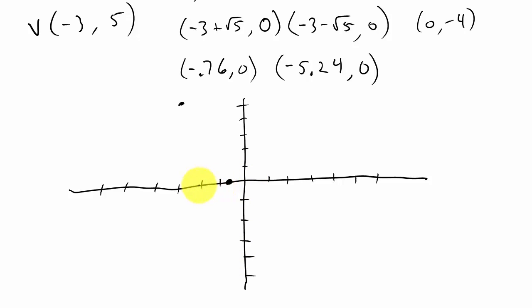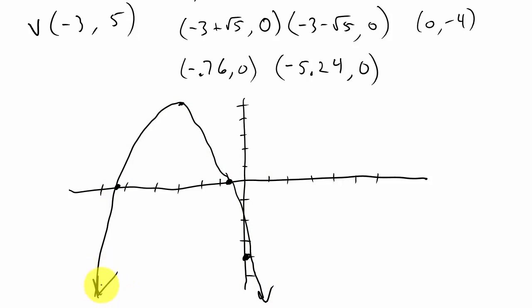So 1, 2, 3, 4, 5, and we'll go a little past the 5. That would be that point. And then 0, 1, 2, 3, 4. And so there's your points. So now, well, that doesn't look too good, but you get the idea.